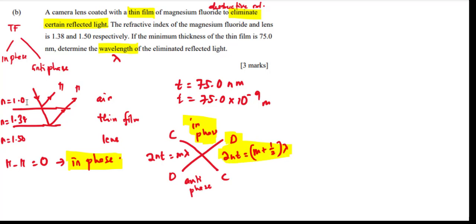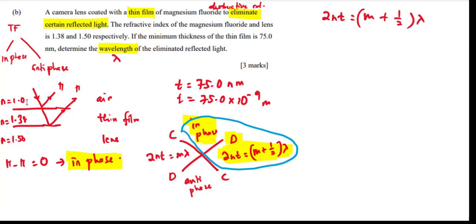Therefore, we use this equation: 2nt equals (m plus half) lambda. Since we're using the m plus half, we can use m equals 0 to get the minimum thickness.